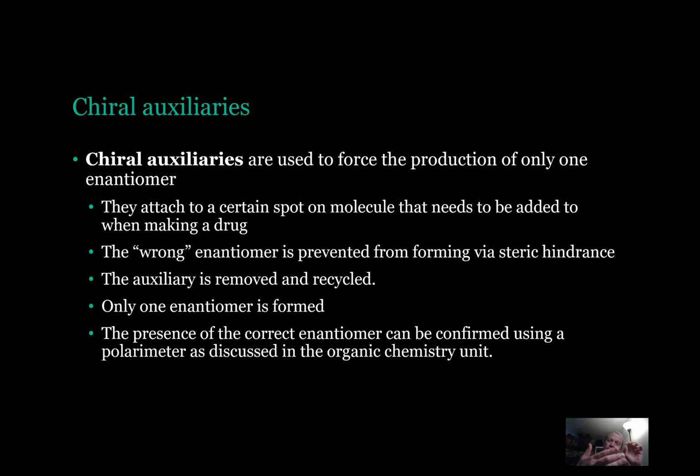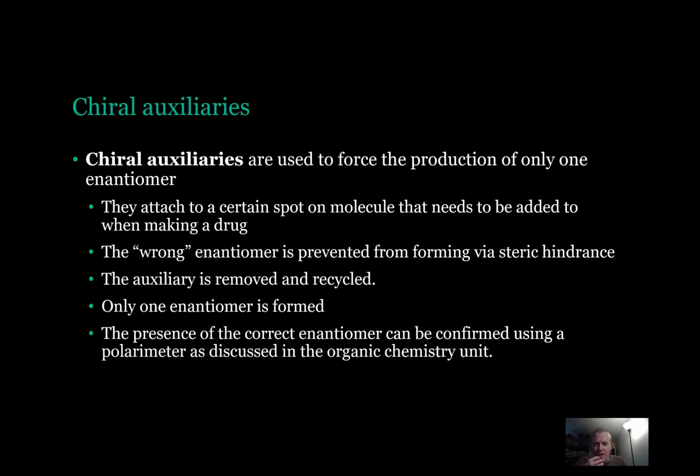So they put a chiral auxiliary that's going to block whatever piece they're trying to add from being added onto the wrong side, and then they have ways to remove that chiral auxiliary. So they're forcing the production of only one enantiomer, which is much less wasteful, and it's easier to make the enantiomer correctly in the first place rather than try to isolate or separate it.